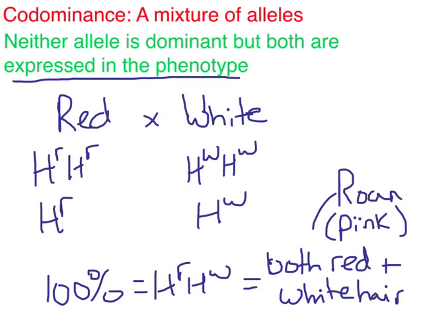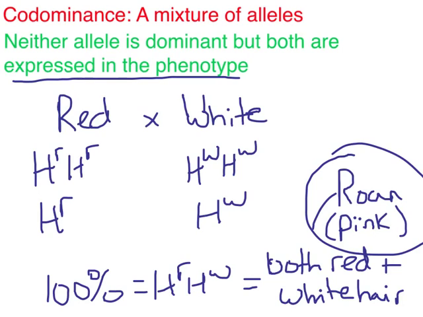You didn't get alternating pink and white flowers, which is what you get here with codominance. You get alternating red and white hair, which gives you the roan color. And in the other one, you got pink flowers, not alternating red and white petals on the flower to give you pink. Okay, so that's the difference here, and that's an important thing to distinguish.